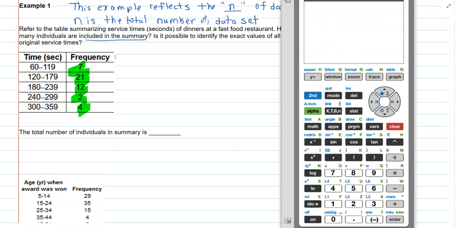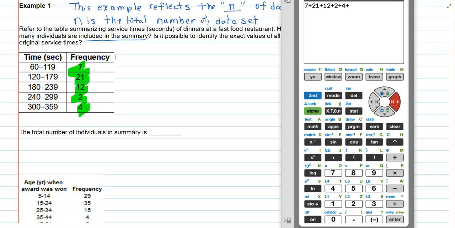Here we go. So I'm going to have the 7 plus 21. Now, understand that when you use a simulator, sometimes it is picky, and sometimes it is not. So I have to go and check everything I enter. 7, 21, 12, 2, and 4. Well, I have a plus that's not needed.